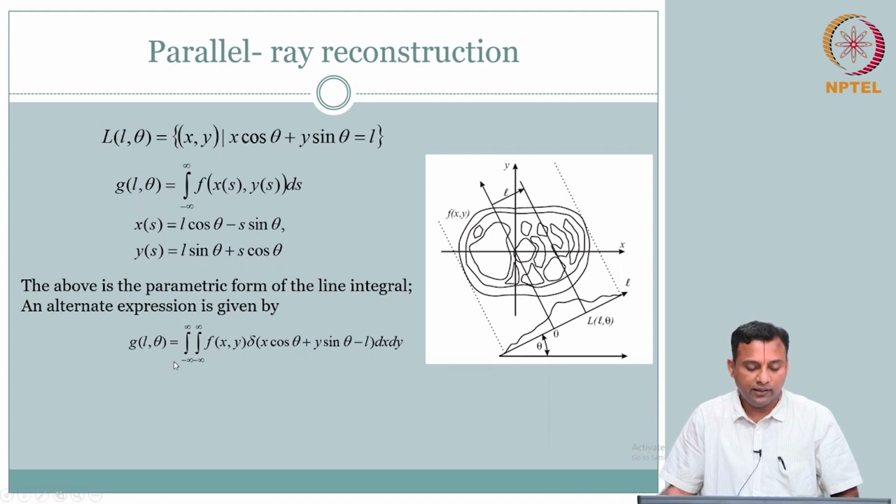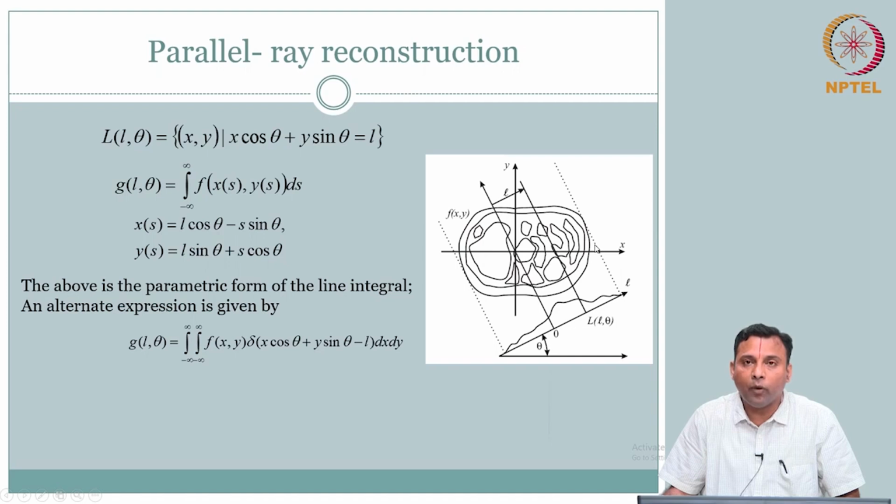You should recognize that f of x y is your object here, the 2D object, but instead of writing it in this form, we can recognize f of x comma y multiplied by delta along this line. That means you are picking from f of x comma y.